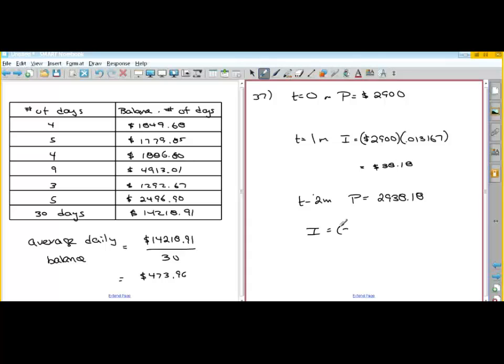So when I calculate the interest for the second month, I use the larger value, 2,938.18 times the same interest rate in decimal form. And I get $38.69.